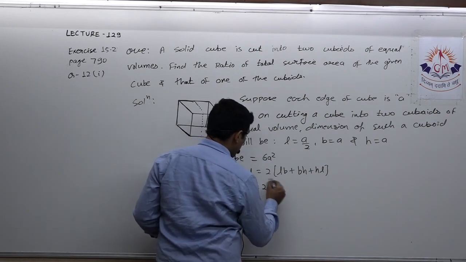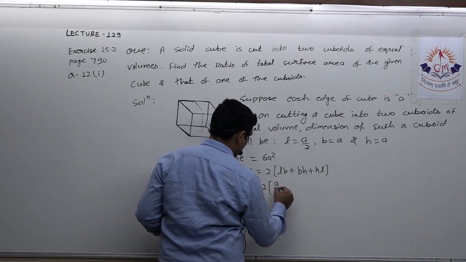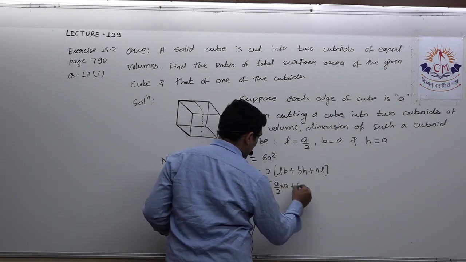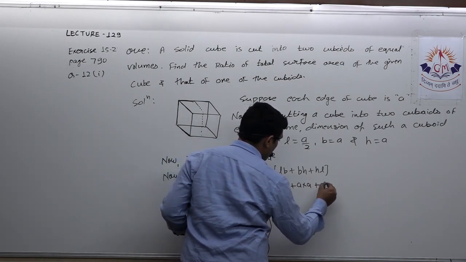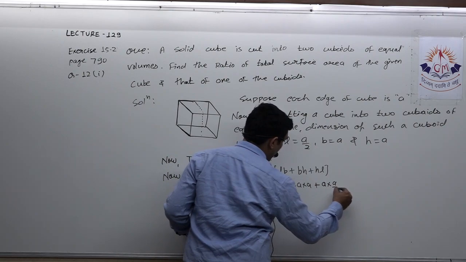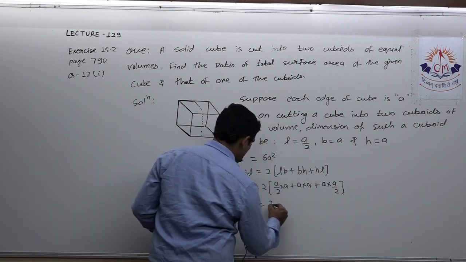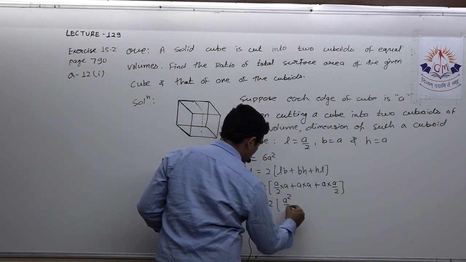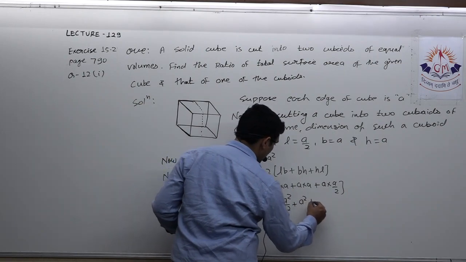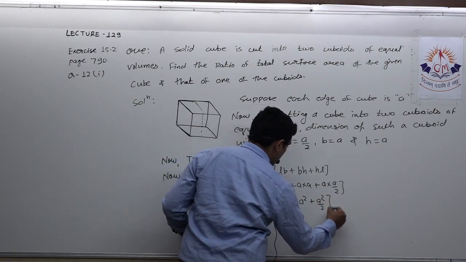Therefore, 2 into [A by 2 into A, plus A into A, plus A into A by 2], that is 2 into [A square by 2 plus A square plus A square by 2].